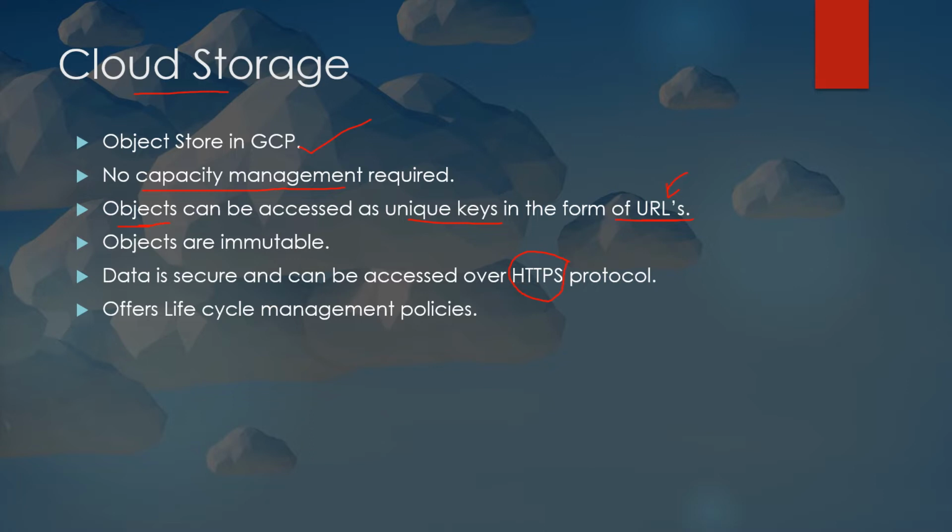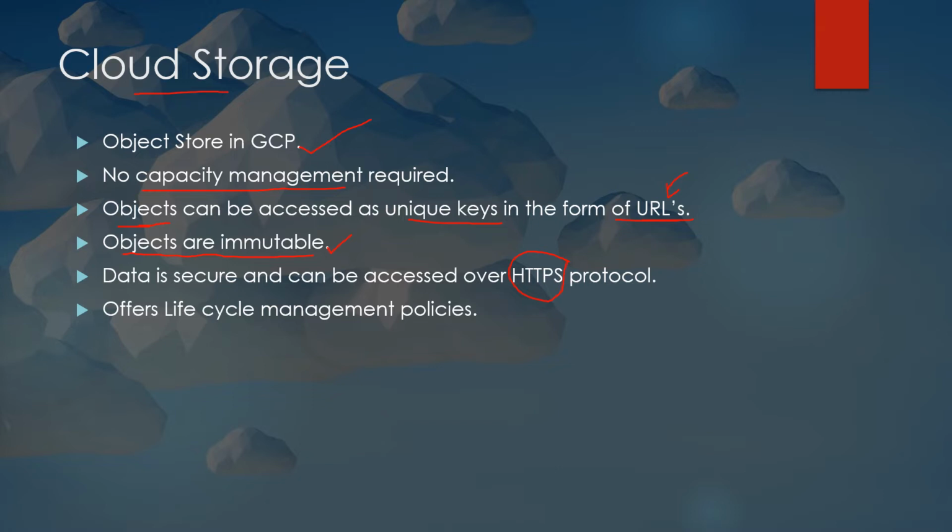Now, objects, or the files or the data that you're storing in Cloud Storage, are immutable. What it means is that, let's say you have a file called a.txt which is stored in Cloud Storage. Now, if you want to overwrite that file, or you have made some modification and now you want to save that file again, what Cloud Storage does is it will deprecate the old version of that file and store a new version of a.txt in the same location.